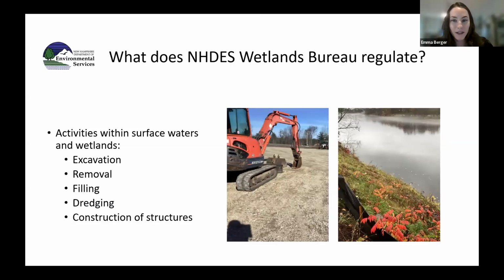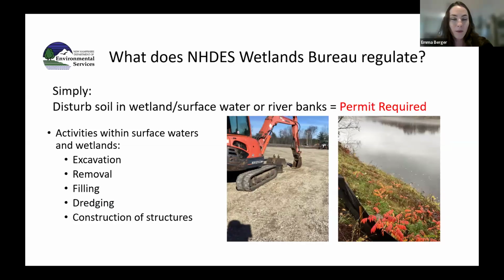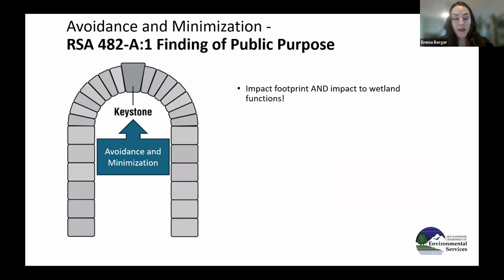And just so that we can recap on what we're regulating here, anytime someone is impacting a soil, that means disturbing the wetland soil, a permit is required in the Wetlands Bureau. And when we say things like avoidance and minimization, we discussed last week that this means more than the impact footprint, but also the impacts to wetland functions.